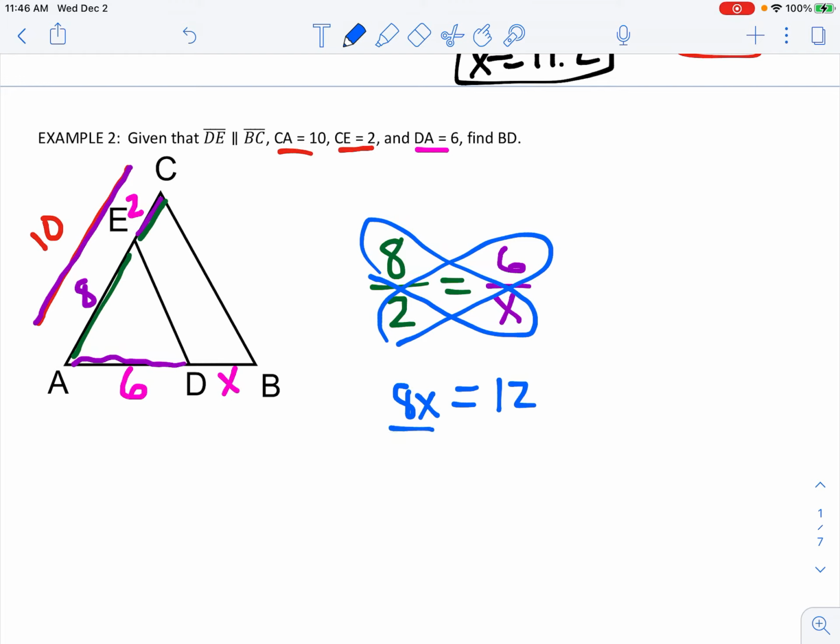If I divide both sides by 8, I get X to equal 1.5.